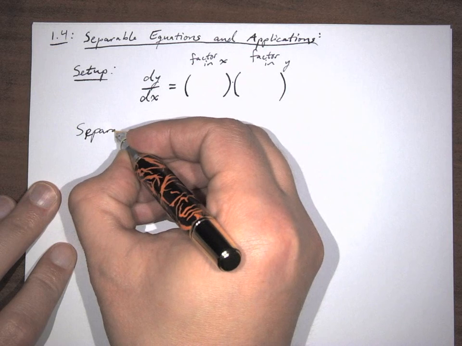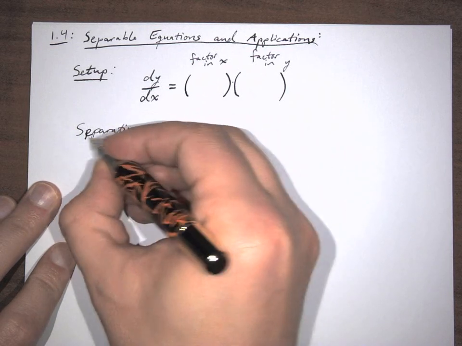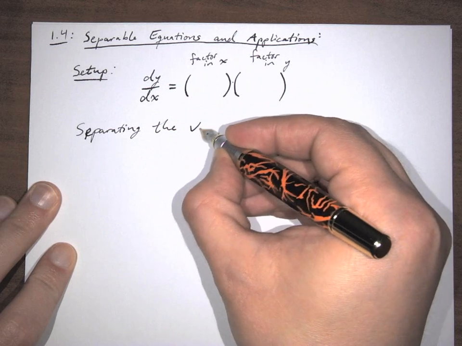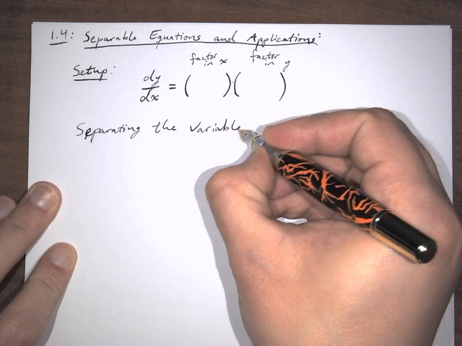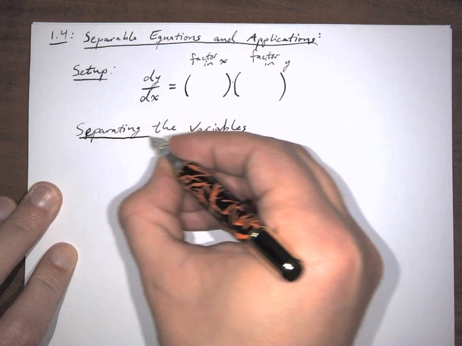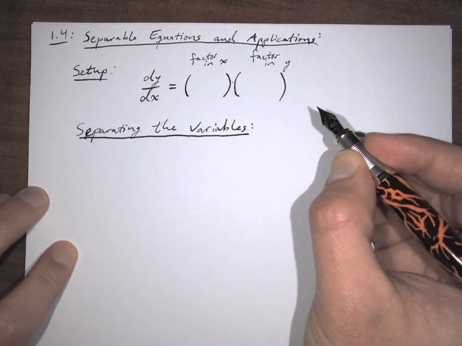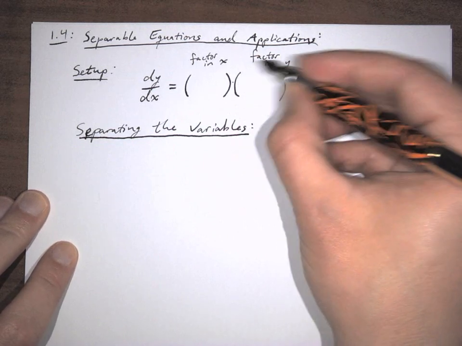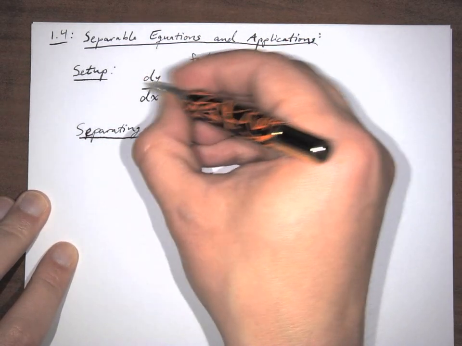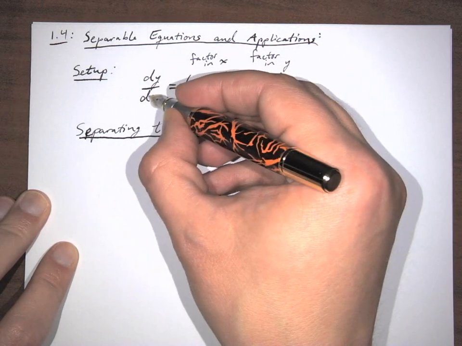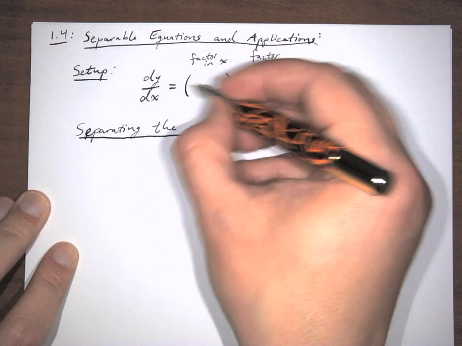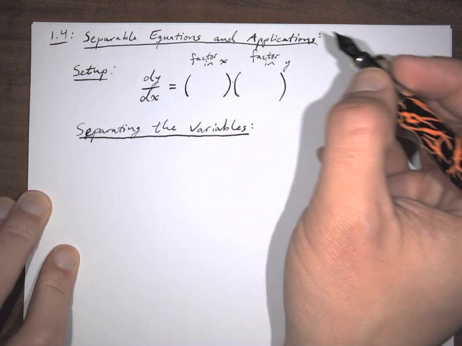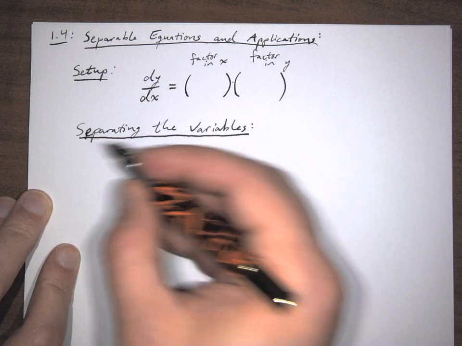So, separating the variables. And the way that works is you just take the factor that involves the y and you collect it over with the dy part of the derivative. And you take the part that involves the factor with just an x and you put that with just the dx part of the differential equation.